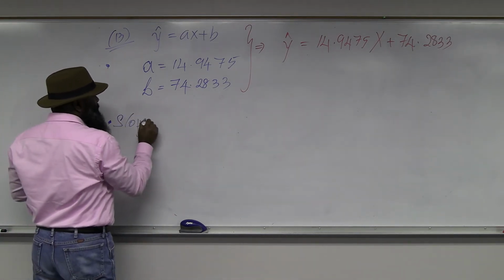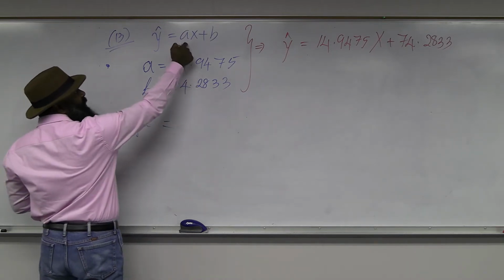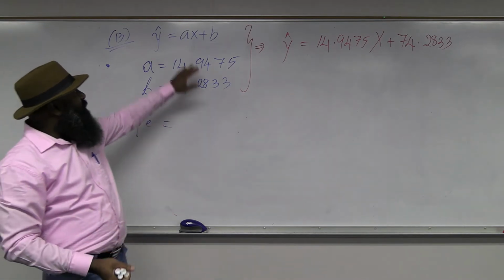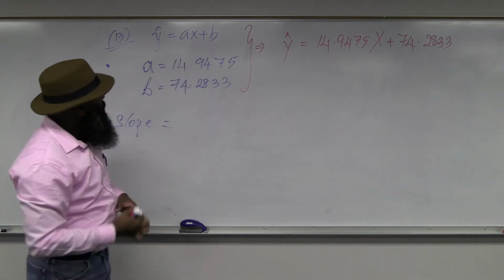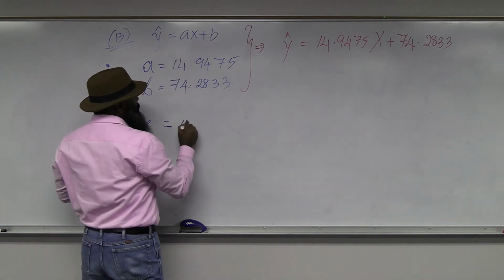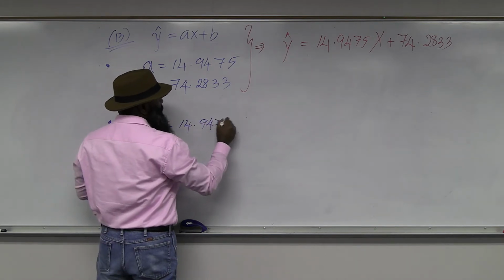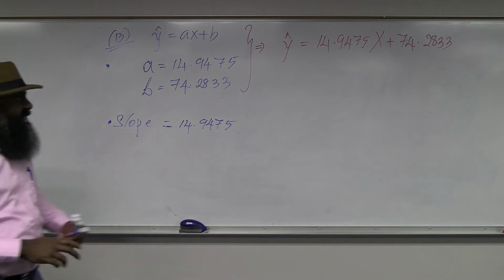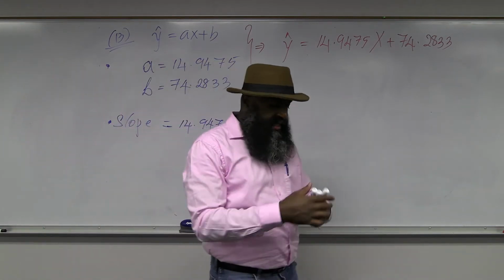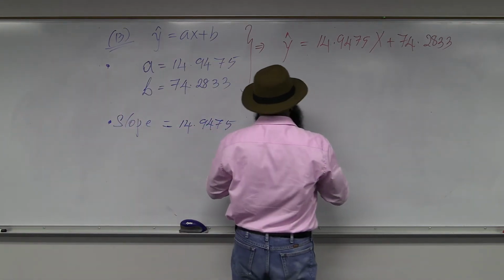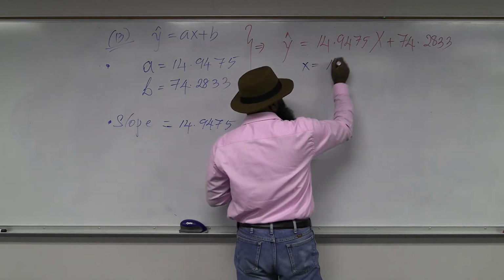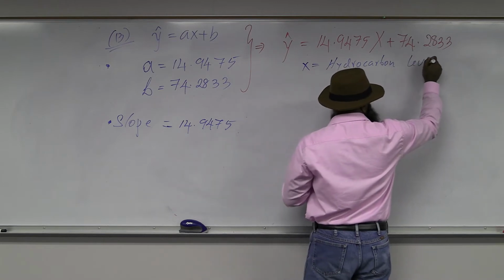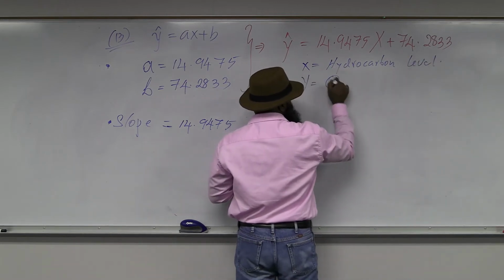So what's the slope of this equation? Slope is equal to 14.9475. The slope is the coefficient of x. So the slope equals 14.9475. I need to interpret this. So in this example, our x is the hydrocarbon level, and y is the oxygen purity.